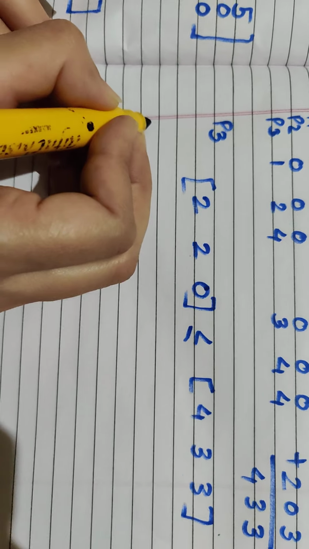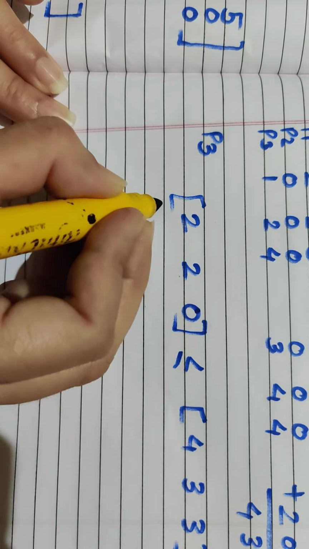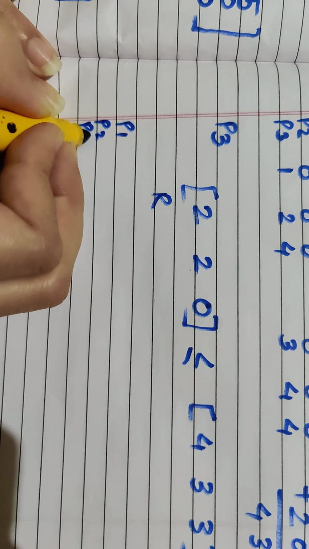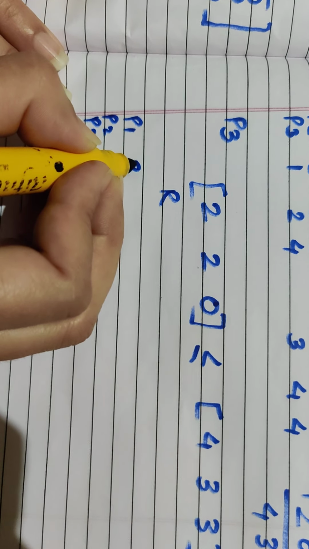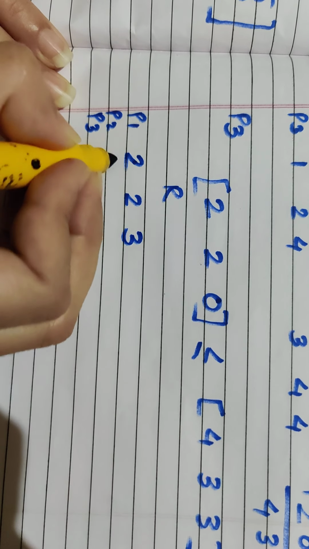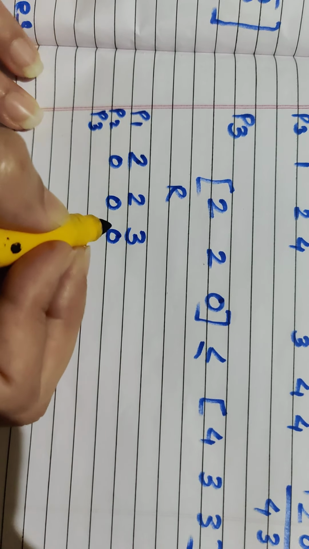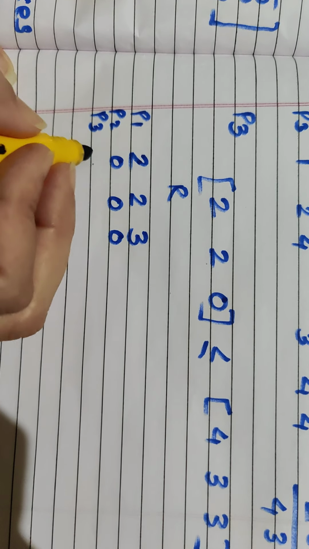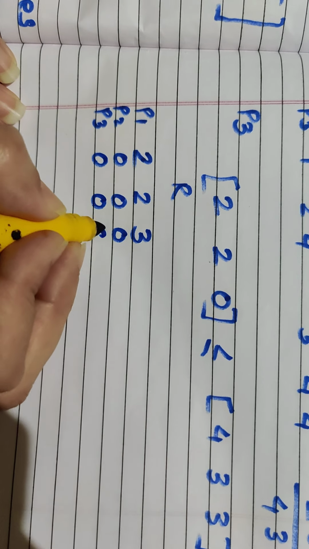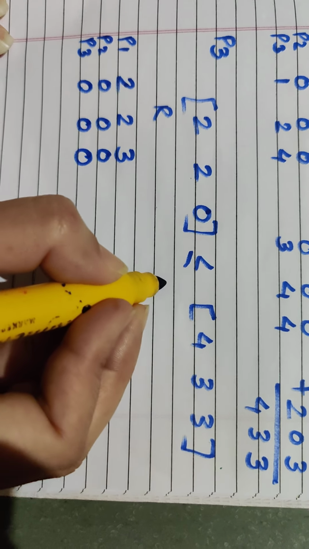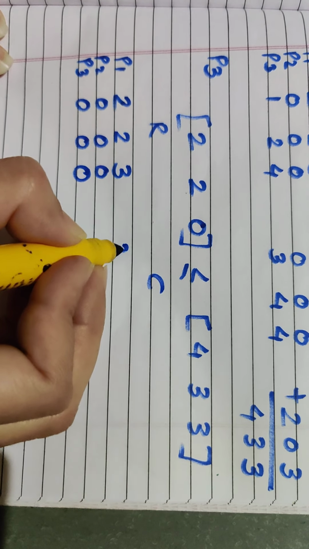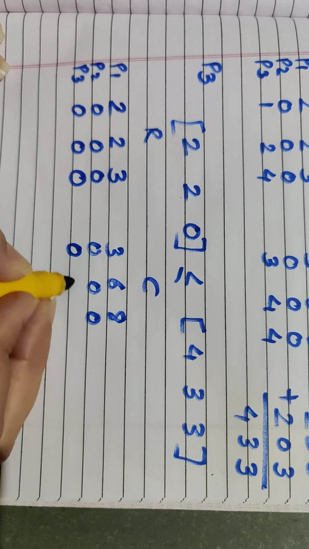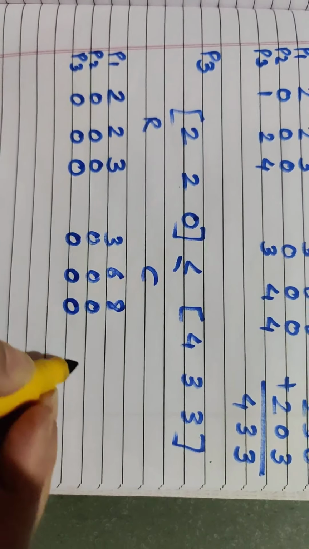So once P3 runs for execution, the R allocation matrix will get changed. So for P1, P2, P3, P1's 2, 2, 3 remains as it is, P2's 0, 0, 0 remains as it is. After P3 completes its task, whatever resources were allocated will be released and it will again become 0, 0, 0. Similarly, the claim matrix will remain as it is for P1 and P2, and for P3 those will be released, so it will be 0, 0, 0.